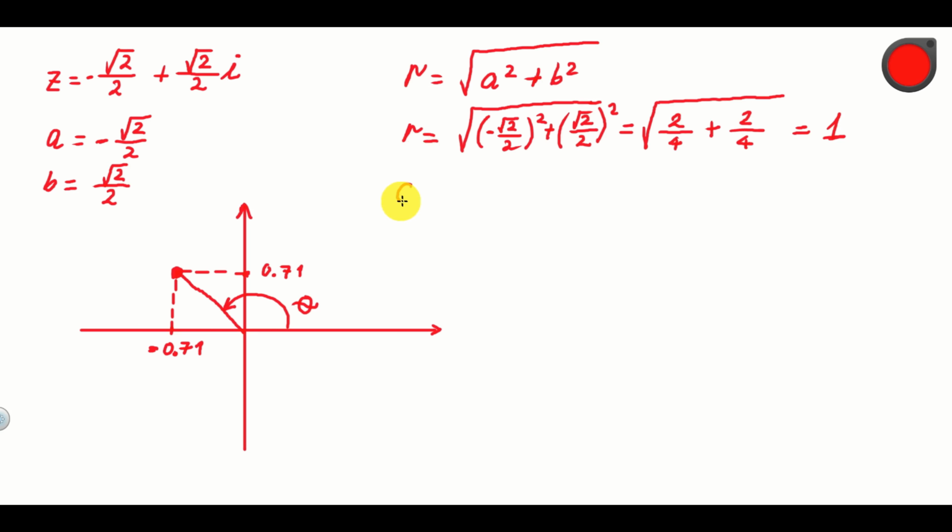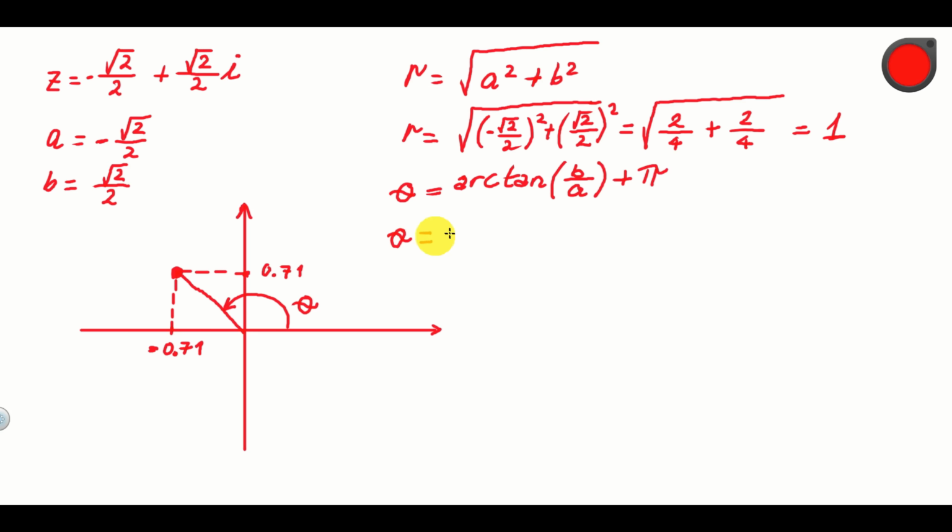How about the angle theta? For the angle theta, we have to apply the corresponding case and the corresponding formula. We will have that theta is arctan of b over a plus pi. So let's substitute the value.